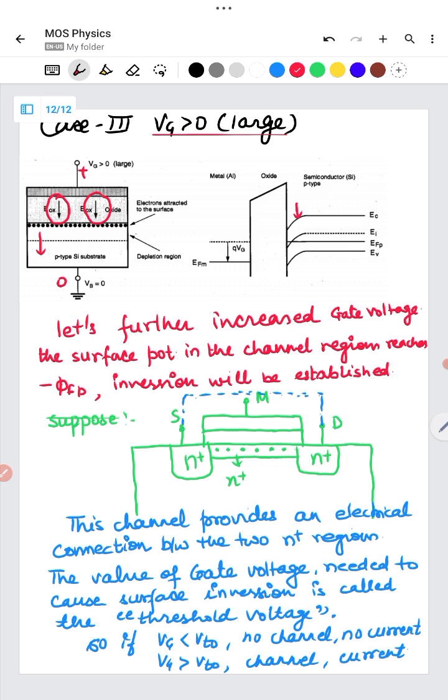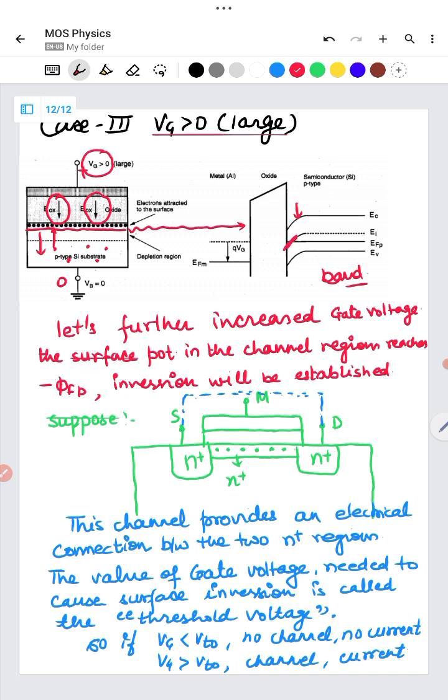If the bending is more, what is going to happen is, because you are increasing a positive voltage, it is basically attracting the minority charge carriers which are there in the p-type substrate. So you now have a layer of minority charge carriers over here. If you wanted to depict the similar situation on the band diagram, this is the surface potential.